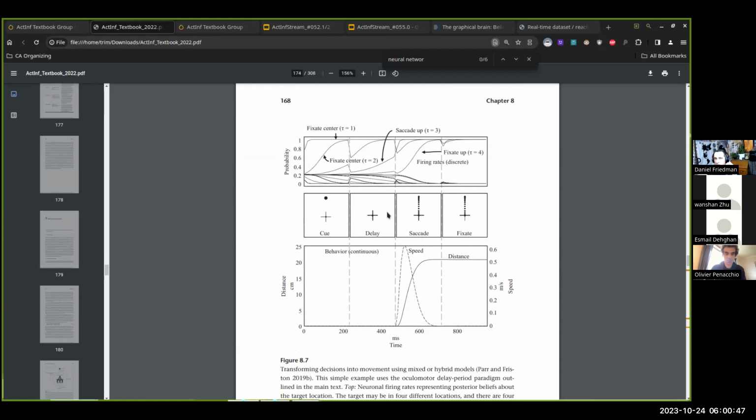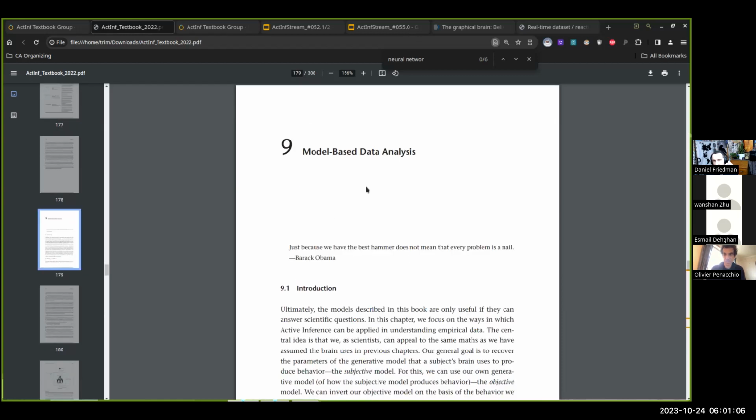Here they just set the generative model and then synthesized data, though they obviously set up the generative model to anticipate the kind of data they were collecting in the lab. So this is the forward direction, and then chapter 9 is model-based data analysis, going from empirical data to parameterized generative models.